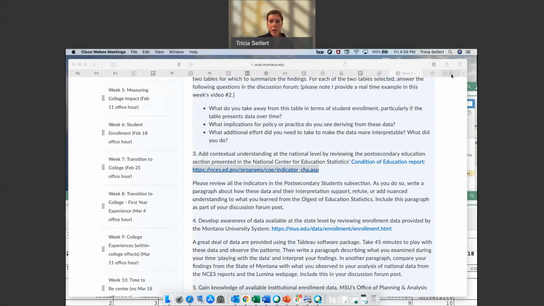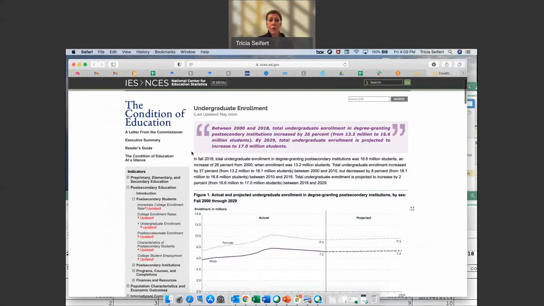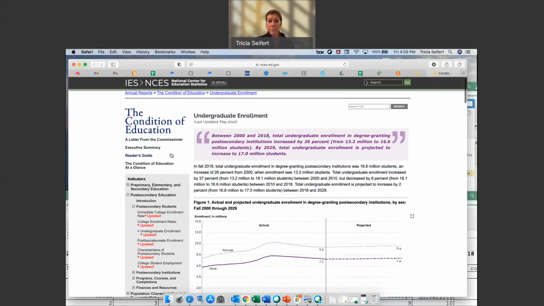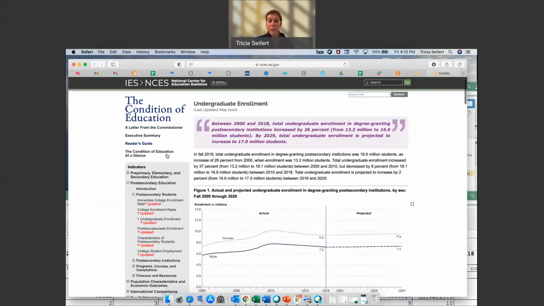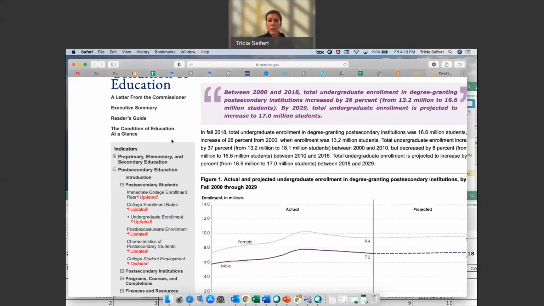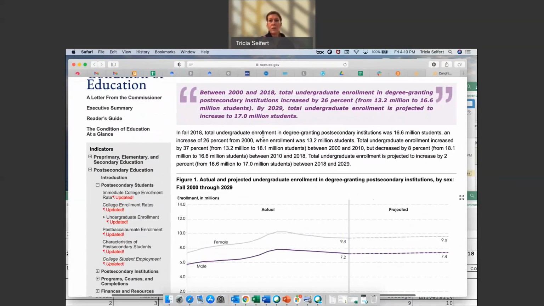Just opened up. And here we go, undergraduate enrollment. Again, you can see here the Condition of Education report. There is an executive summary, the reader's guide, the condition of education at a glance. And again, I want to point out we have indicators by different stages in the educational process.